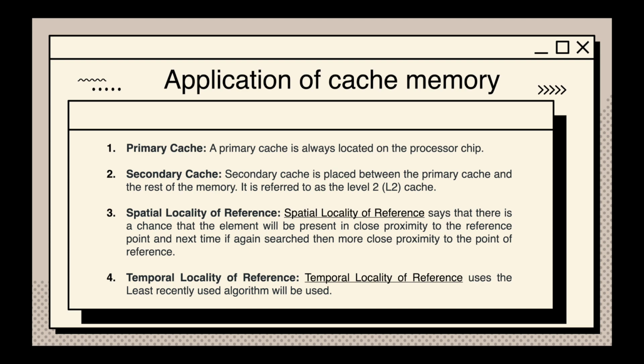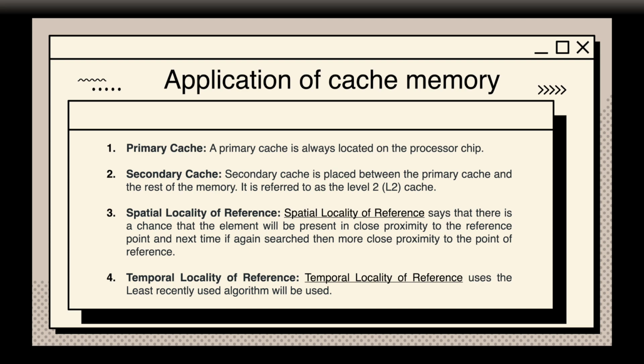Whenever a page fault occurs, we will not only load the word in the main memory, but the complete page will be loaded, because the spatial locality of reference rule says that if you are referring to any word, the next word will be referred to soon. That's why we load the complete page, so the complete block will be loaded.